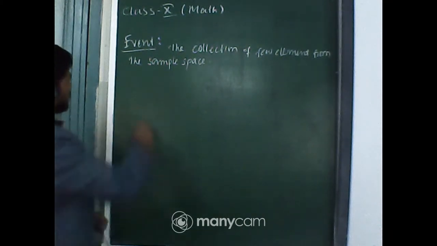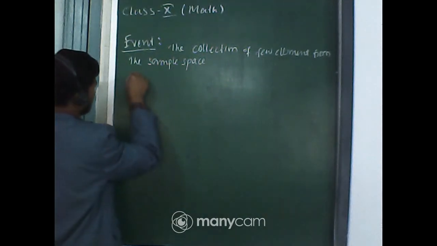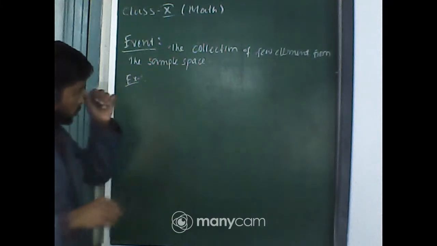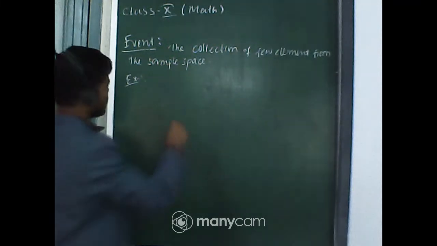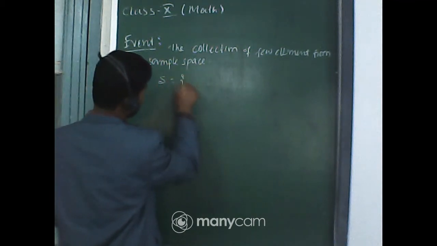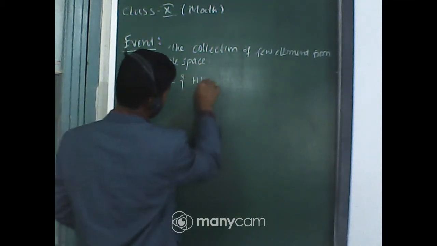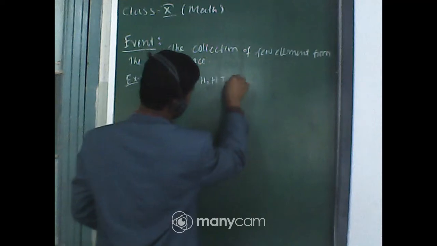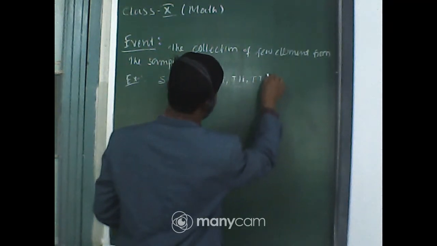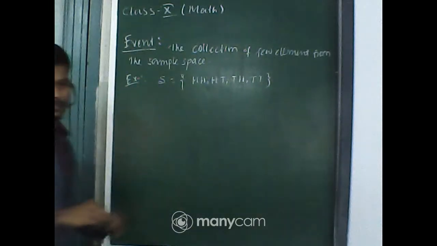Okay, now let's see some examples. Suppose we are tossing 2 coins simultaneously. In case of tossing 2 coins, the total sample space is HH, HT, TH and TT. 4 points will be there.